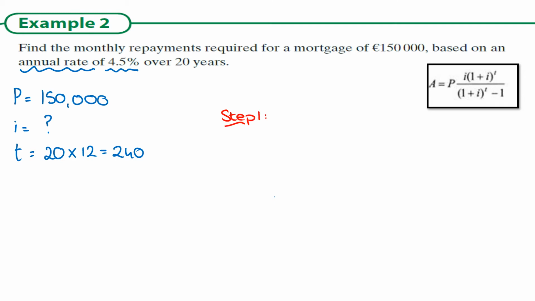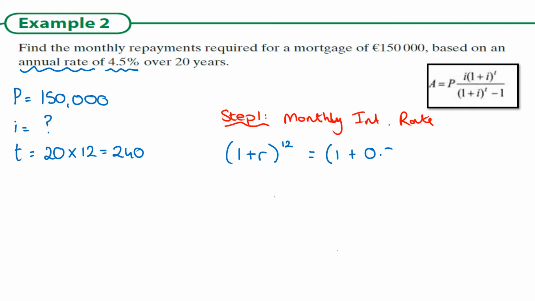So step 1, we need to find the monthly interest rate, r. How we do that is we say, look, if I invest something at a monthly interest rate for 12 months, it should be the same as investing something at 4.5%, which is 0.045, for 1 year.